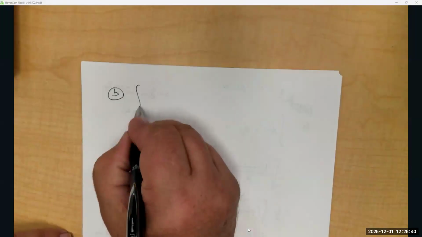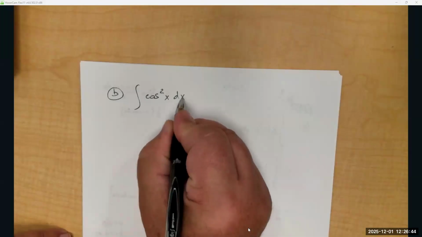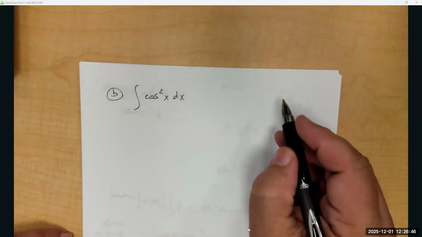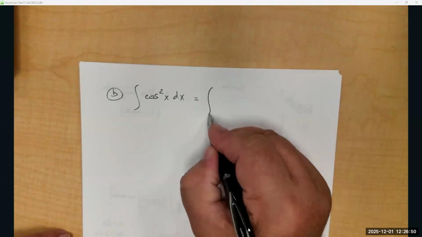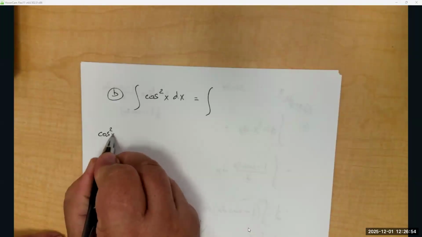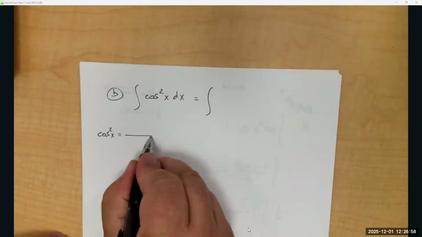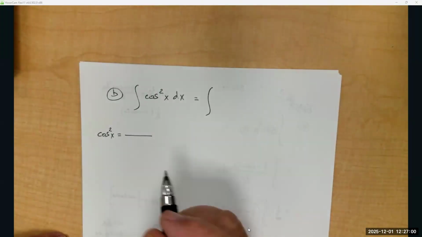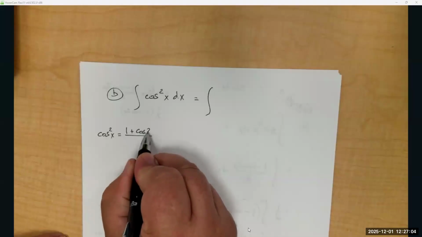Okay, then B was the integral of cosine squared x dx. So we figure out what cosine squared x is. Since sine is 1 minus cosine, this one's going to be 1 plus cosine.